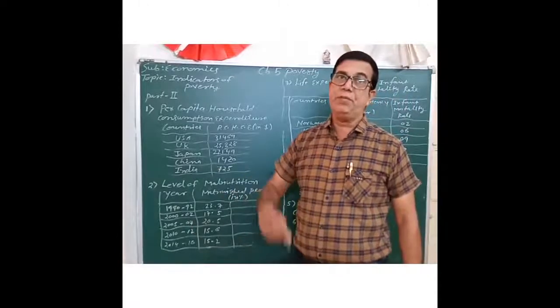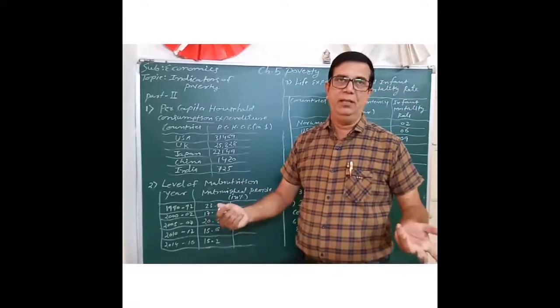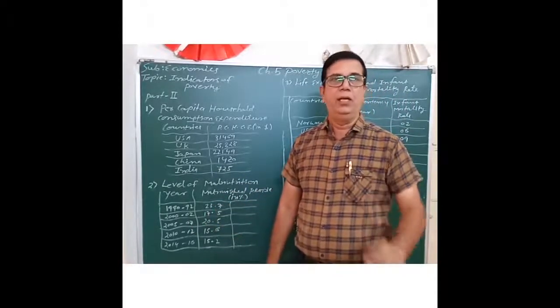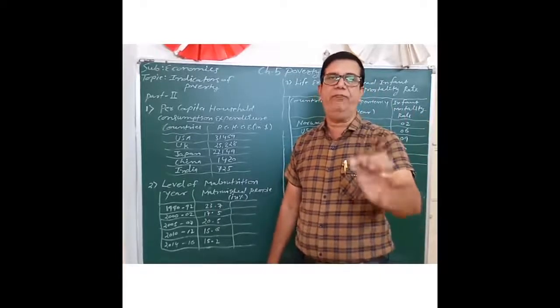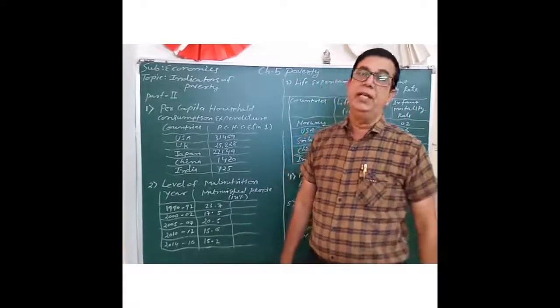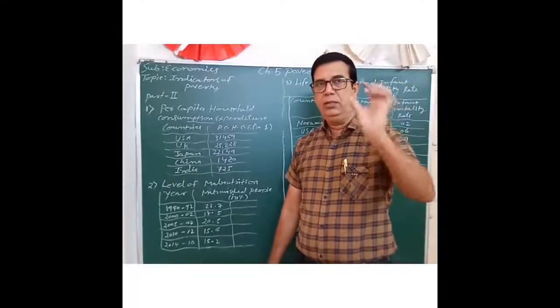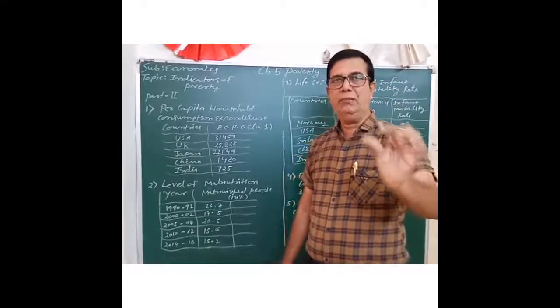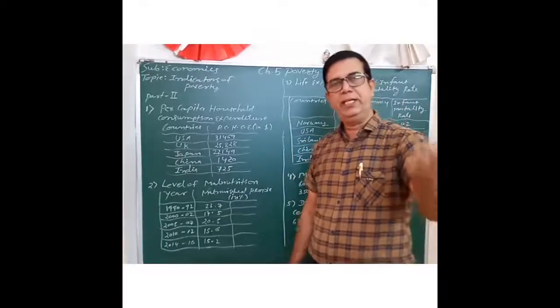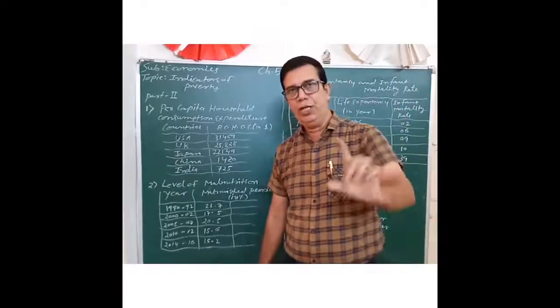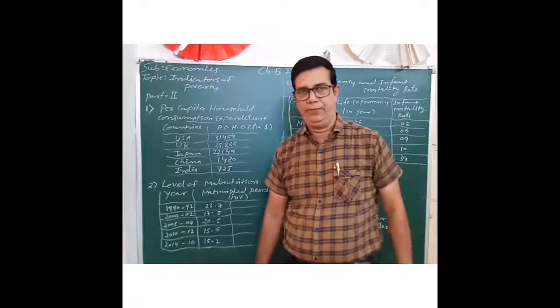In the last chapter already explained, per capita income means total income of a country is divided by total population of a country.